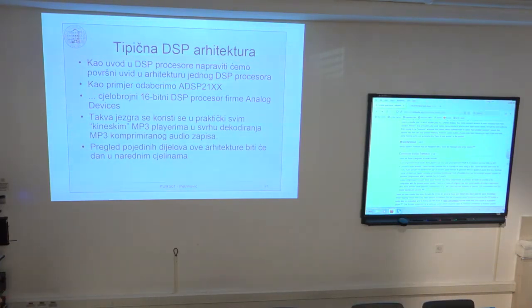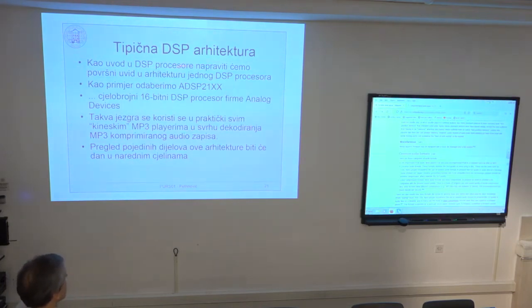In the last lecture, we introduced the concept of these digital signal processors and their basic idea about their architecture. And now we will continue with more details. The architecture that will be described and introduced in the lectures is like a predecessor of the actual DSP that you are using in the exercises.